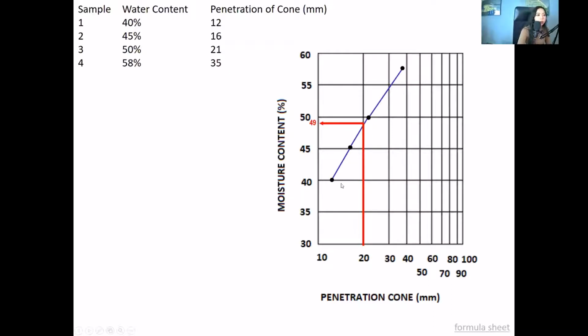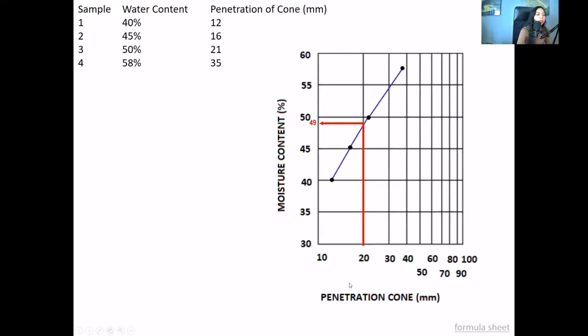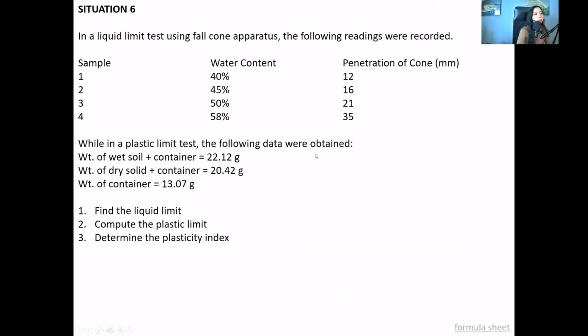Pero be careful pa rin kasi since logarithmic tong nasa ilalim, you can never tell. Pero kung na-eyeball estimate mo siya, tapos na-compute mo siya sa interpolation na magkalapit, shoot ka na.